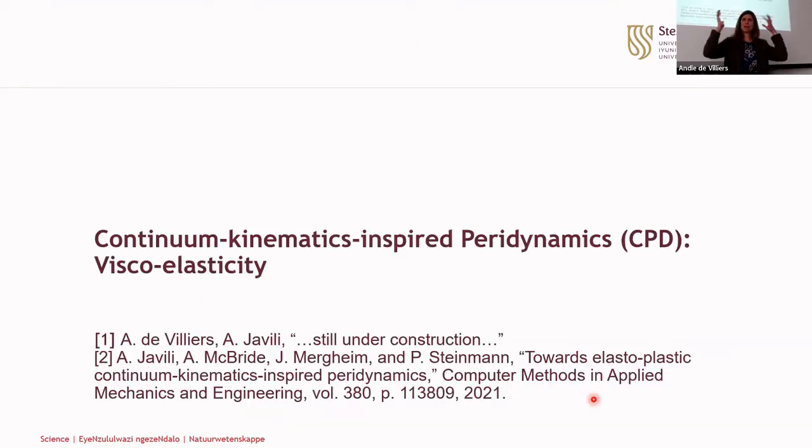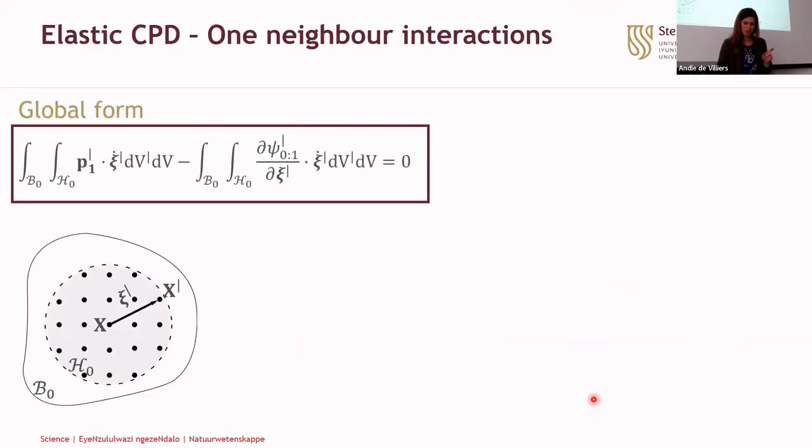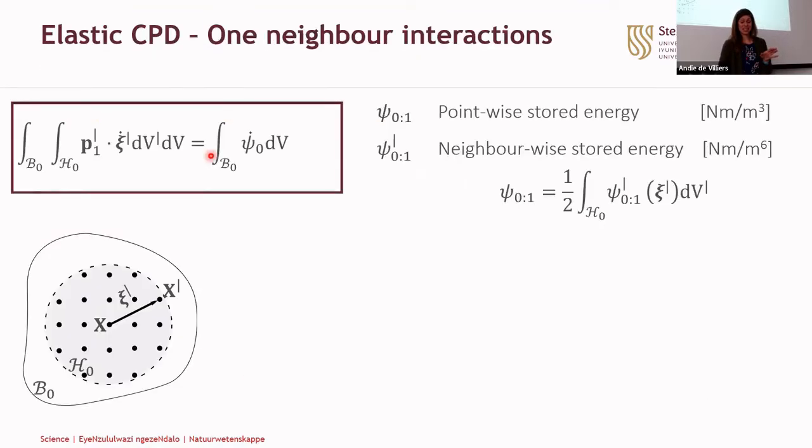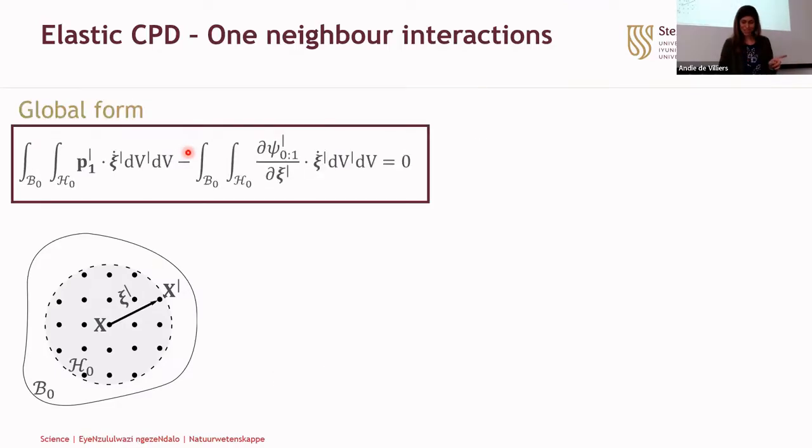So then we can have any material model as long as it satisfies this requirement. Now, I didn't mention something very important. From this slide to this slide, I changed the inequality because I explained everything in terms of elastic CPD, so there's no dissipation.